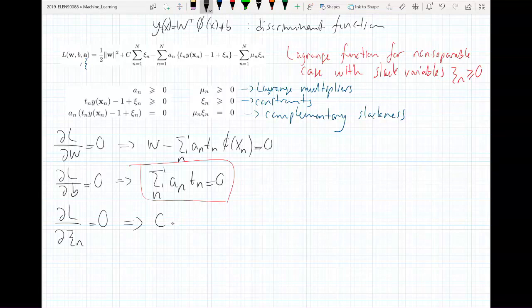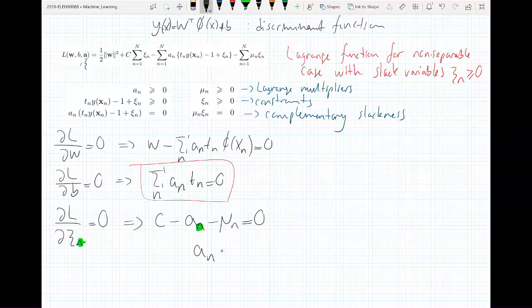I get a C here, and one of them I'm taking with respect to psi n, so only one remains: C times 1, minus this one multiplied by a n, the corresponding n here. Also, I have 1 here coming from minus mu n equals 0.